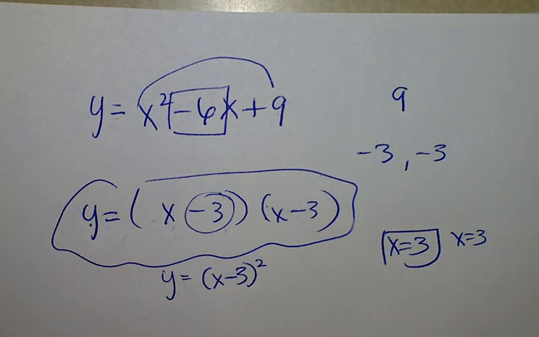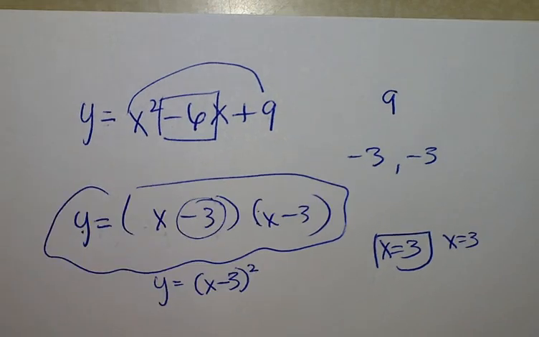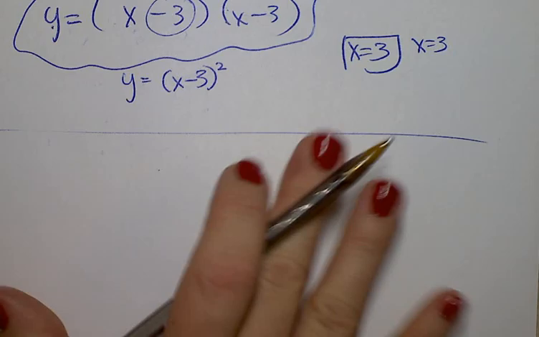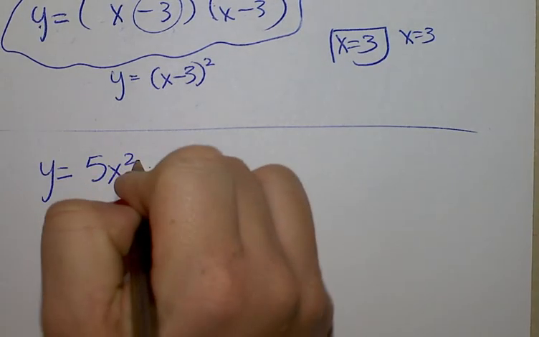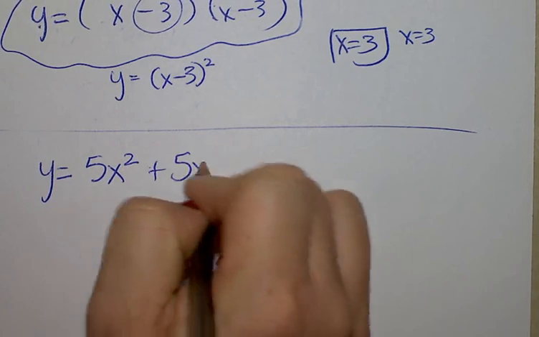Okay, next up. Y equals 5x squared plus 5x minus 10.